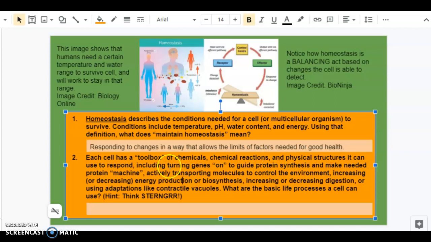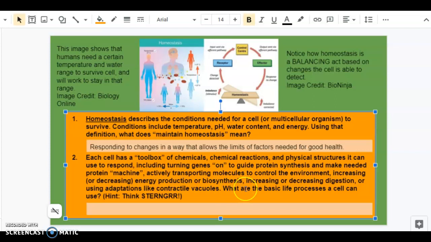A specific example is turning genes on to guide protein synthesis and make needed protein machines to do active transport, to move molecules in and out, or maybe to increase or decrease energy production or making molecules, increasing or decreasing digestion, or even using adaptations like contractile vacuoles. Remember those from when we studied protists?